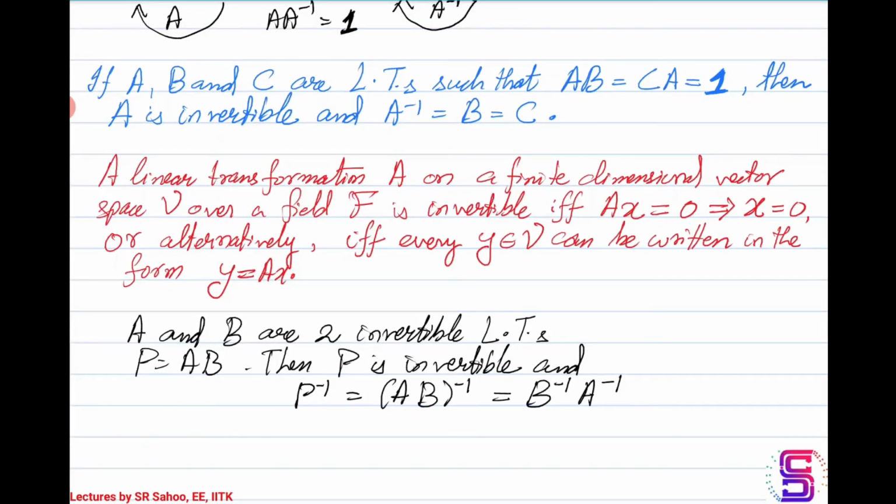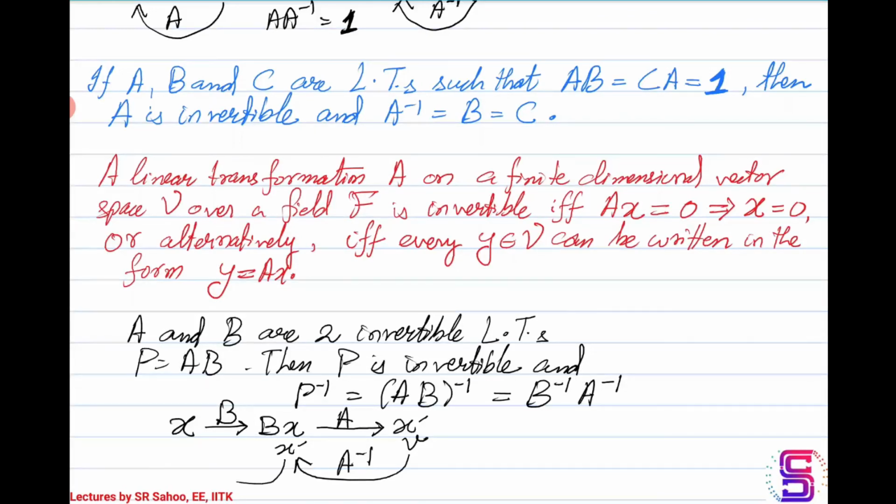So essentially it is this. You take a vector x, B acts on it, gives you Bx. Let's call this x dash. Then A acts on x dash, gives you, let's call this V. Now what you do is you make A inverse act on V. So it will give you x dash back.